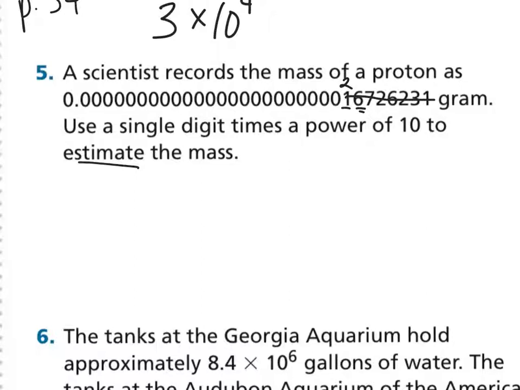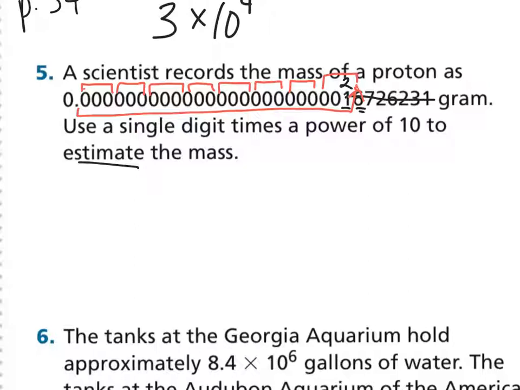So then we're just going to see how many spots the decimal moves from here all the way to after that 2. What we can do, if you want to, is go in sets of 3 to make it easier to count. So 3, 6, 9, 12, 15, 18, 21, 24 places, okay?